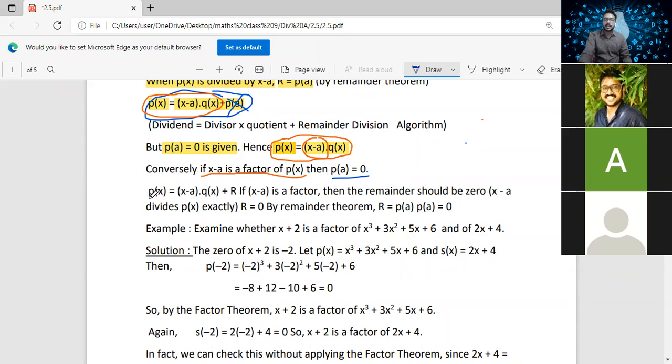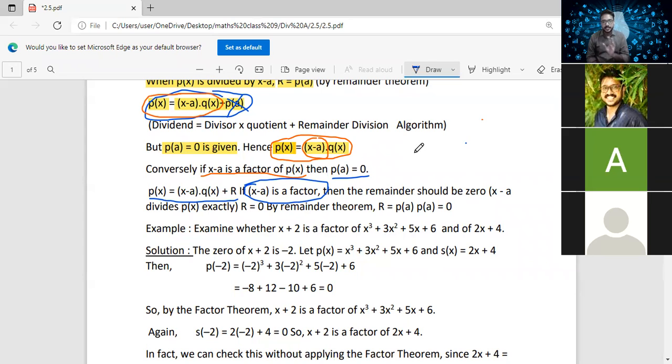So given that p of x equal to x minus a into q of x plus r, that is, x minus a is a factor, it is given to you. Now if x minus a is a factor, then what can we infer from that? It means the polynomial x minus a completely divides the polynomial p of x.